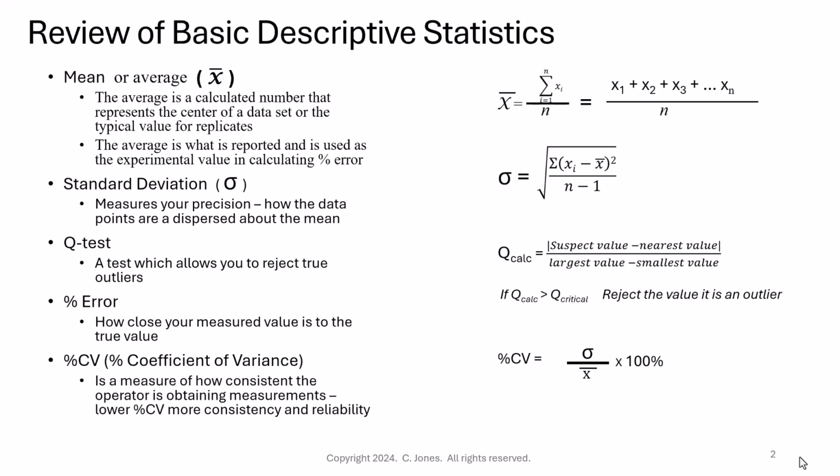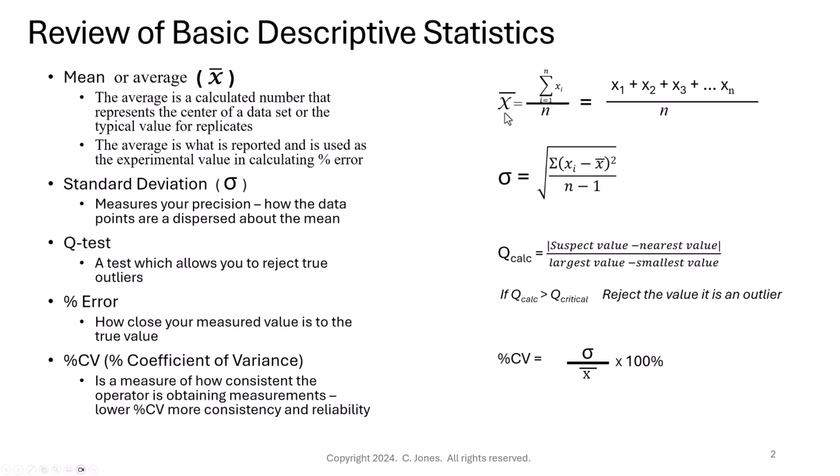But first, let's just review what basic descriptive statistics are. We'll start with the mean or average, which is represented by the symbol X bar, that is an X with a line over it. The average is a calculated number that represents the center of a data set, or it is the typical value for a number of replicates.